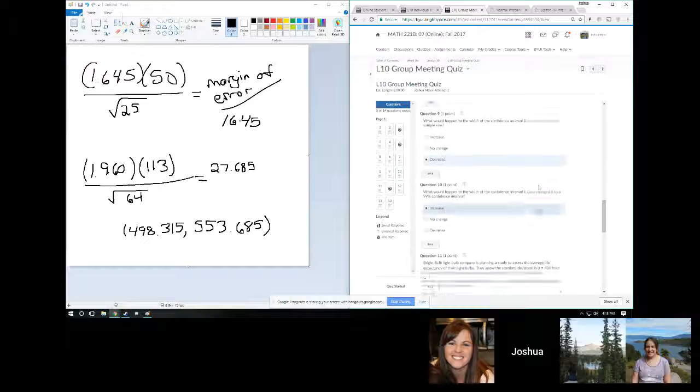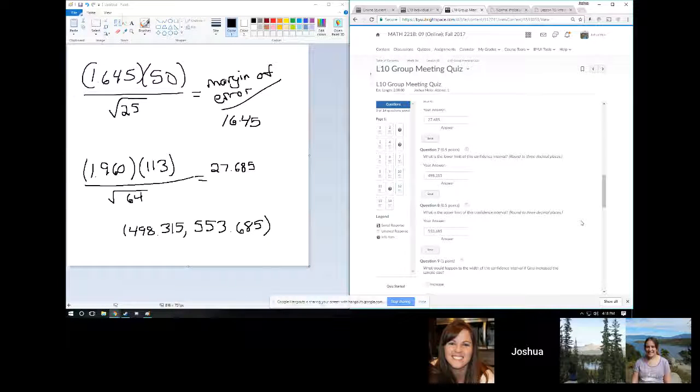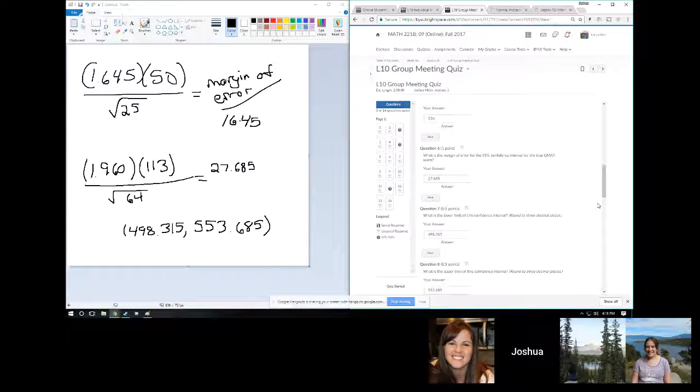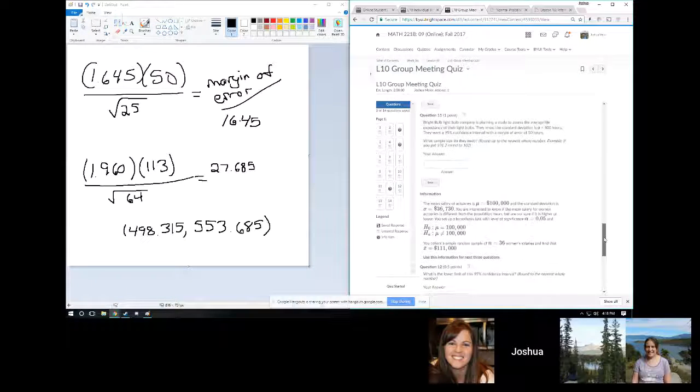Okay, 7. What is the lower limit of this confidence interval? Lower limit, what does that mean? So finding the margin of error, the confidence interval, you're just going to add and subtract the margin of error from the mean data.